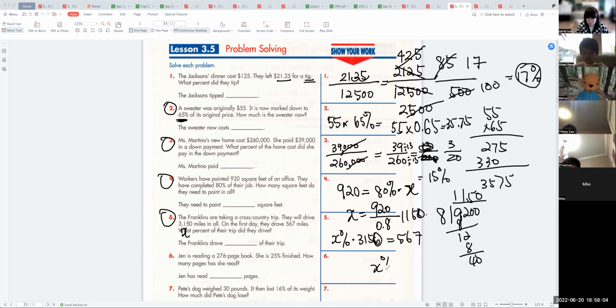So X percent equals what divided by what? 567 divided by 3150, right?